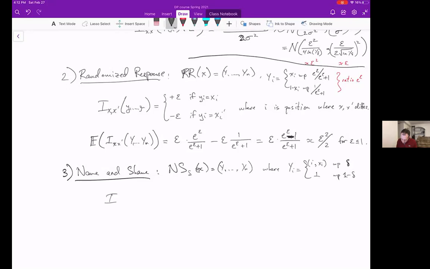And so if I look at the information loss random variable for name and shame, what's it going to look like? It'll take on 2 values. Again, i is the place where the neighboring data sets differ, the only place we care about.